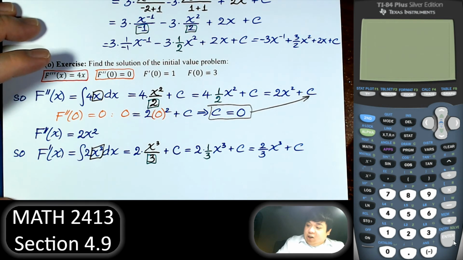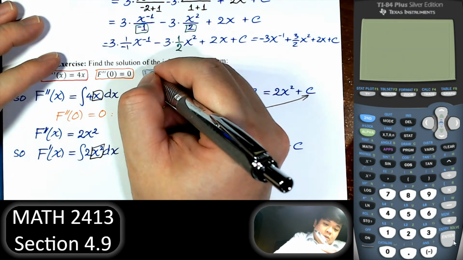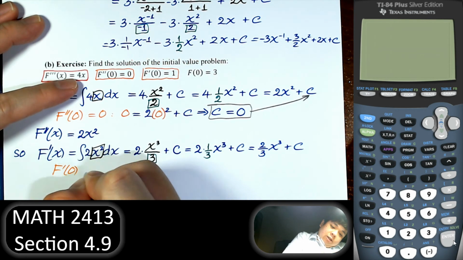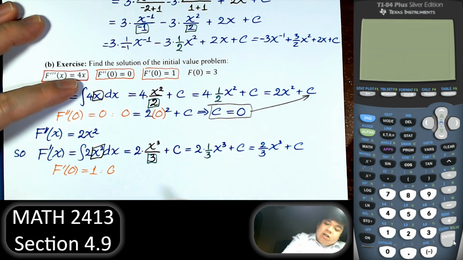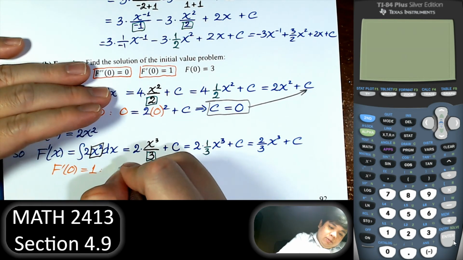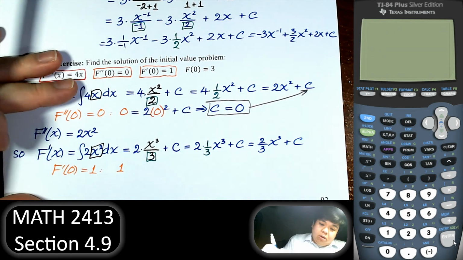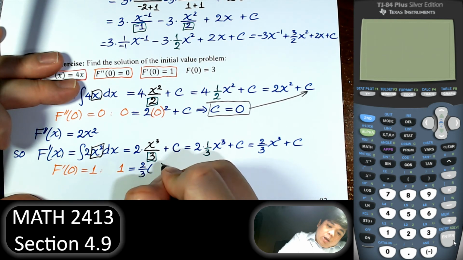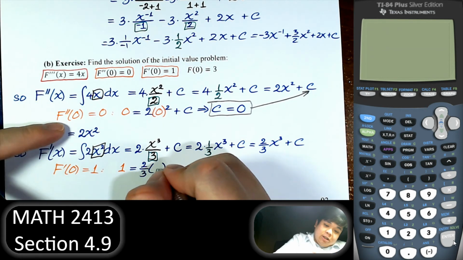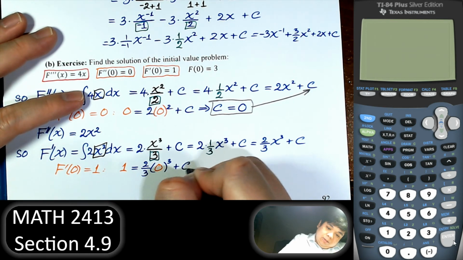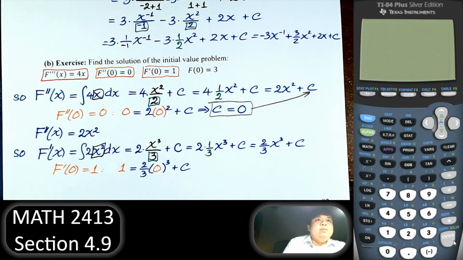Now we have another initial condition. The derivative f prime of 0 is equal to 1, meaning that we will let this equal 1 when we put 0 in for x. Right.